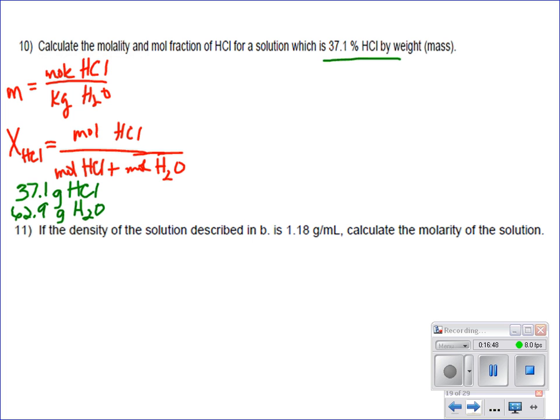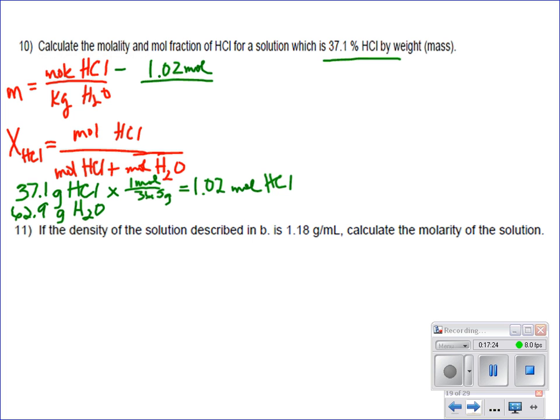So what do you want to do first, mole fraction or molality? Molality. Okay, so to do molality, we first need moles of HCl. So I'm going to convert this to moles of HCl by saying for every 1 mole, I have about 36.5 grams. Go ahead and give me that number on your calculators quickly, please. 1.02 moles. Okay, that's moles of HCl. Good. And we're doing molality, so we're going to plug in 1.02 moles here.